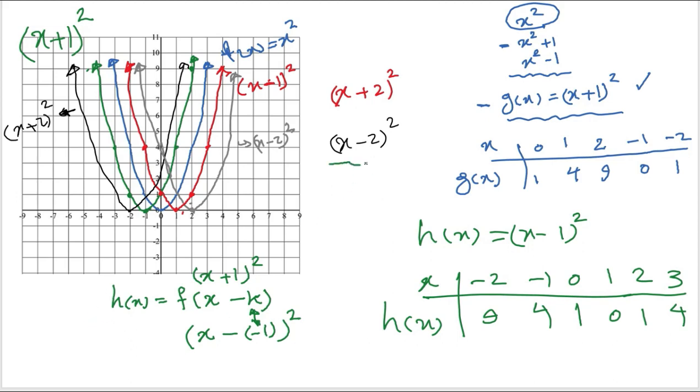Or for example, this one, x minus 2, so (x−k)². K is positive, it is 2, so 2 units to our right. You might be a little bit confused because here when we added a positive number, we moved toward the left, and here, according to this equation, if k is positive, we move toward the right. That's because in the formula we consider a negative sign.